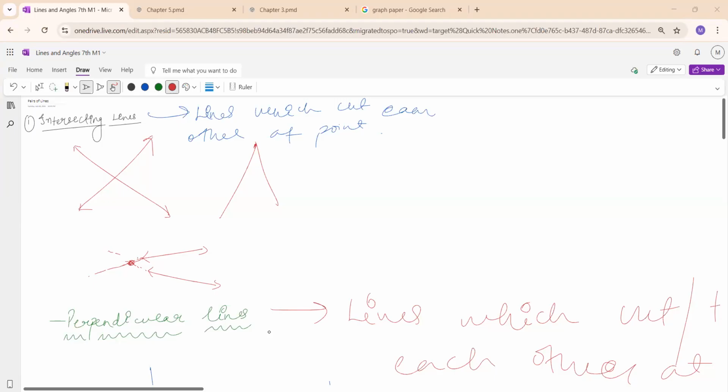Sir, can you go to perpendicular lines? Others are done writing this. Shall I scroll it down? Yes. Yeah, write this.